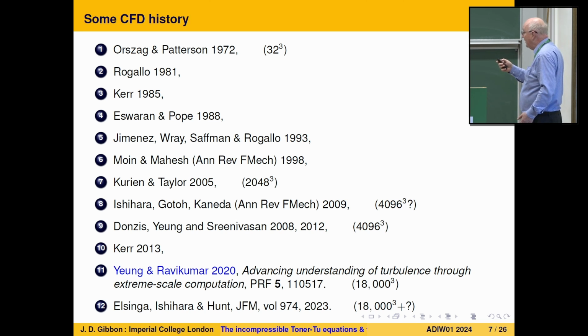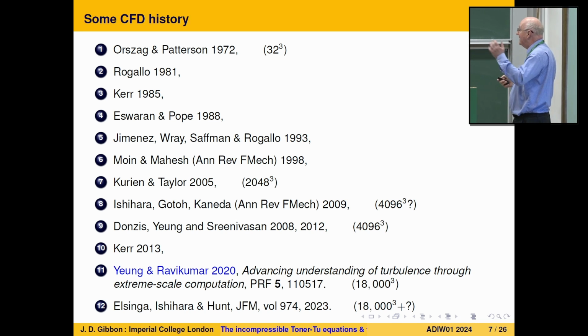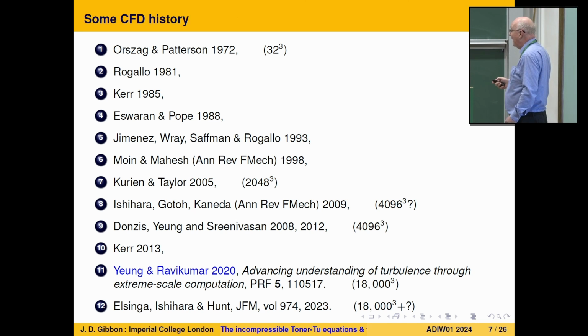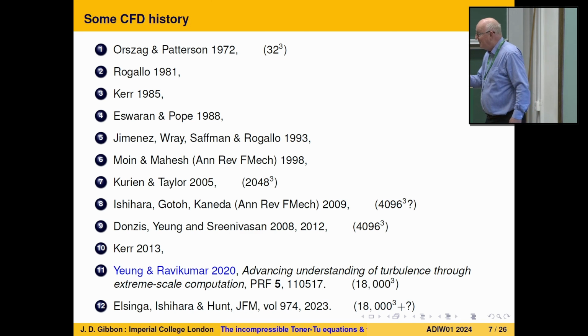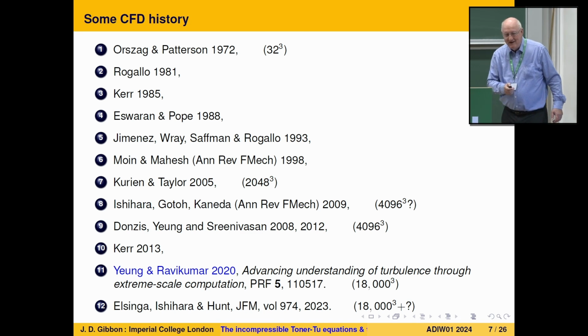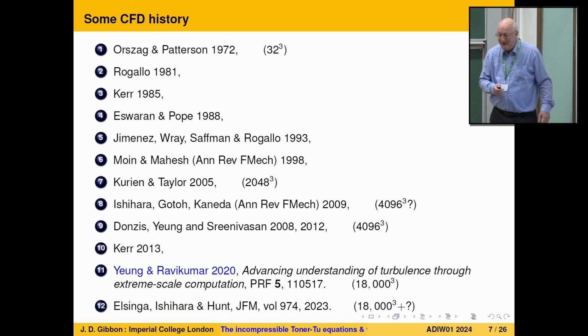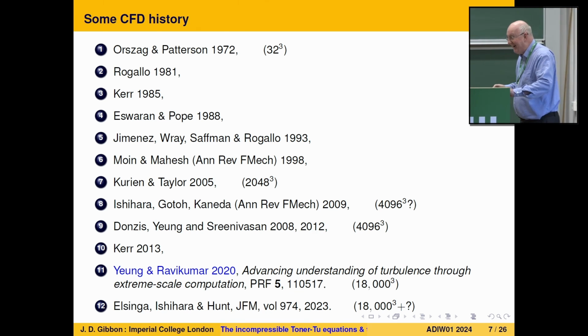Now, some quick CFD history as a digression. I think Phil Marcus mentioned, you know, the Orszag and Patterson '72 was the introduction of spectral methods. And I think that was a 32 cubed calculation on a CDC 6600, I think it was. Is that right? Yes. Okay.